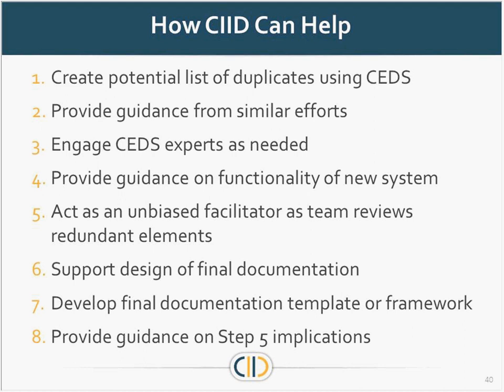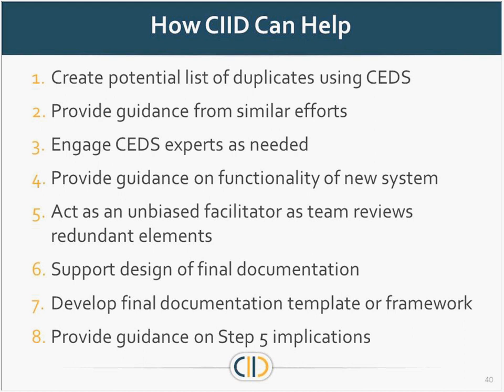In terms of how we can help, there's a lot of work that we can do, both working with intensive TA and also just helping out as you go through this. One of the big ways that CIID can help is we can engage the CEDS experts who we have available to us to help with work around using CEDS tools or thinking about CEDS.